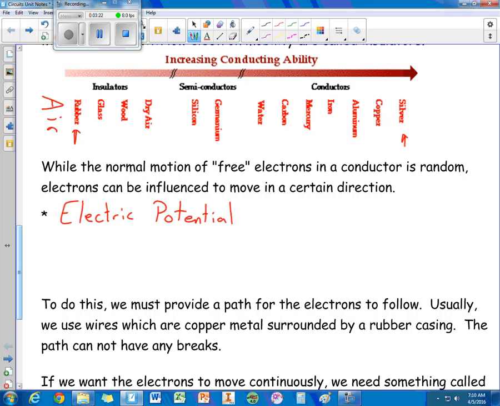Remember from the last unit, we discussed electric potential, commonly called voltage. And electric potential was the potential energy per unit charge. So what electric potential gives us is motivation. It kind of gets the electrons to move on their own.